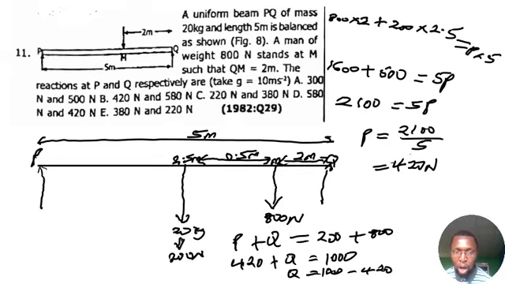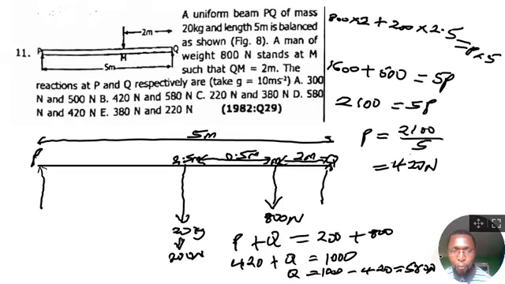So if you subtract 420 from 1000, that will give us 580. So our result will be 580 Newton.